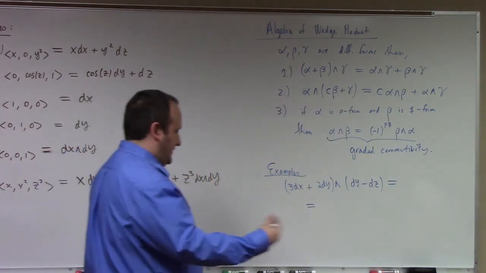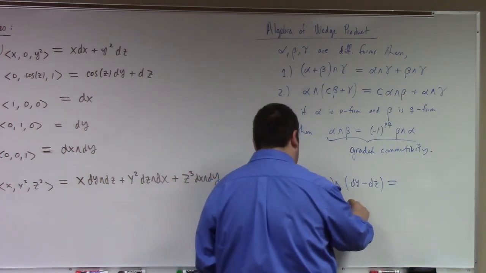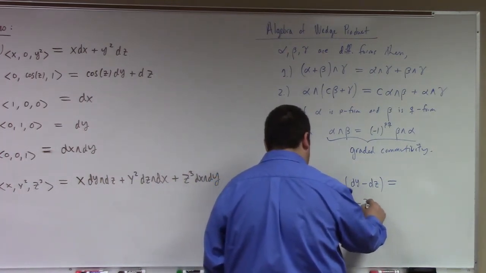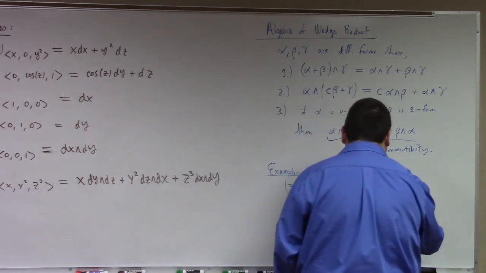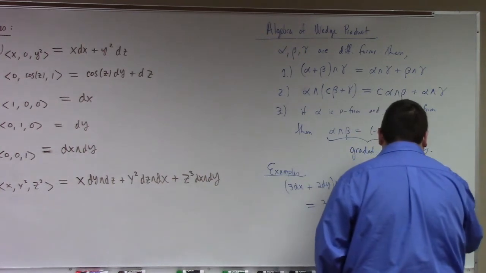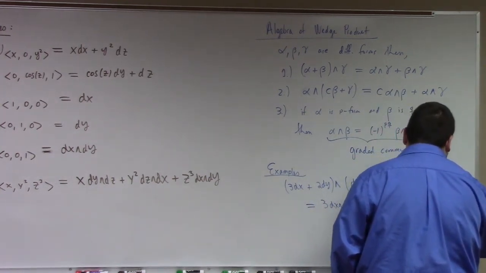So basically, you just distribute through. You get 3 dx wedge dy minus 3 dx wedge dz plus 2 dy wedge dy minus 2 dy wedge dz.